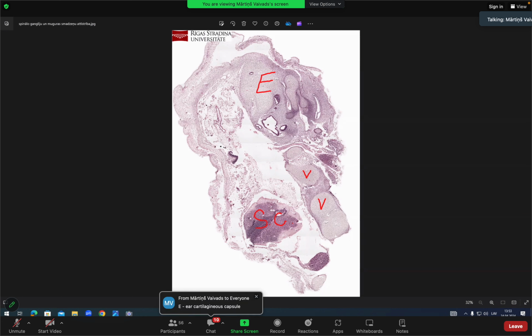You can actually see the cartilage, hanging cartilage, where the inner ear and middle ear will develop. So you see the ear development partially here. This is a weird slide, but this is also a variation. So spinal cord development, vertebral column, as well as the ear cartilaginous capsule appear partially here.